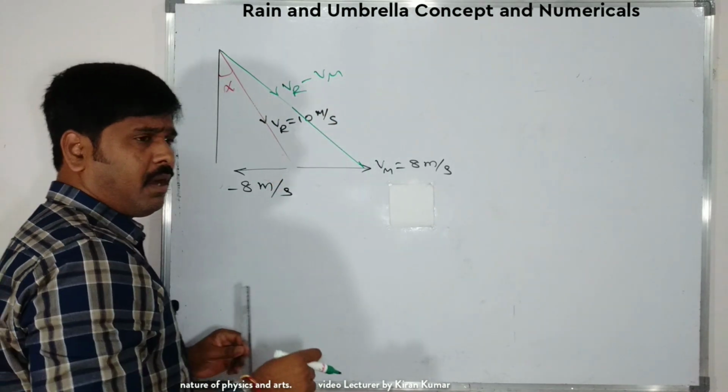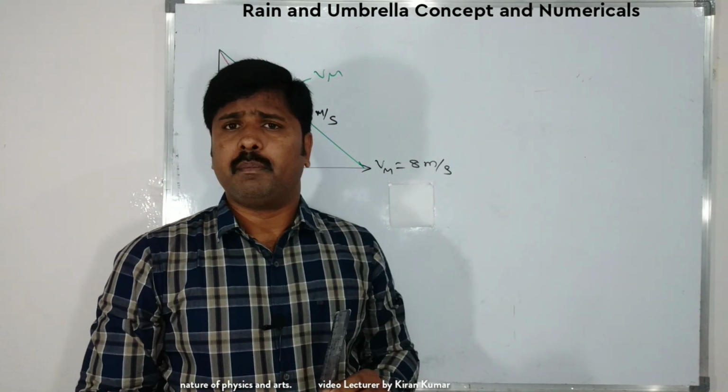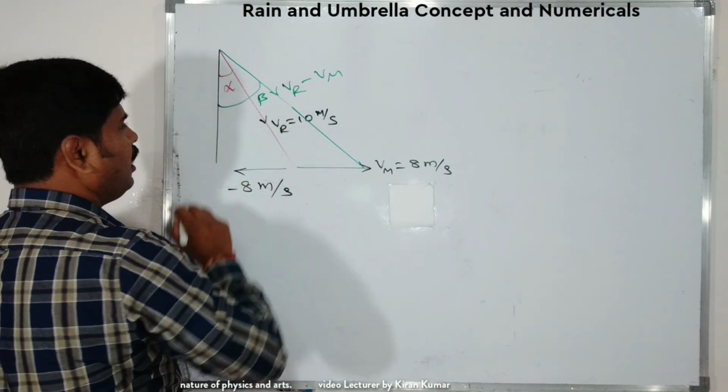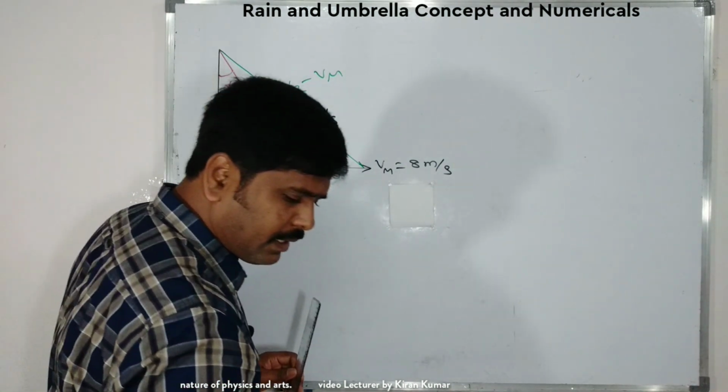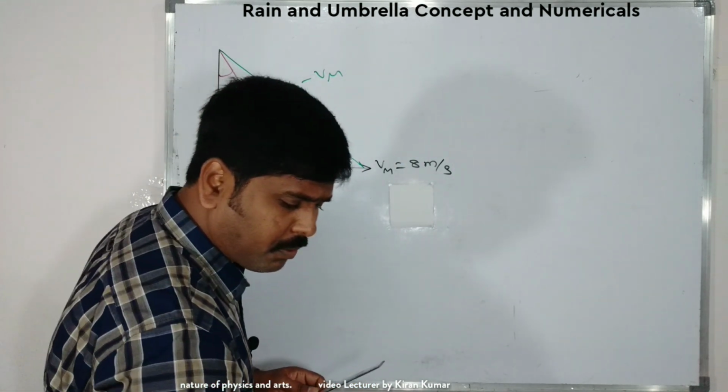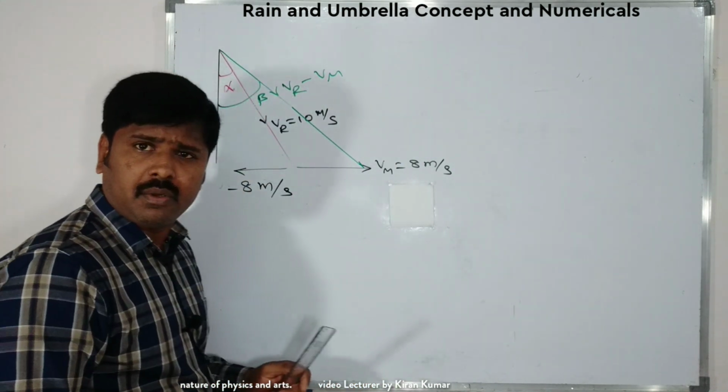This is the umbrella, which is making an angle beta with the vertical. So here they are asking the relation between alpha and beta. Try to understand, a similar method only.